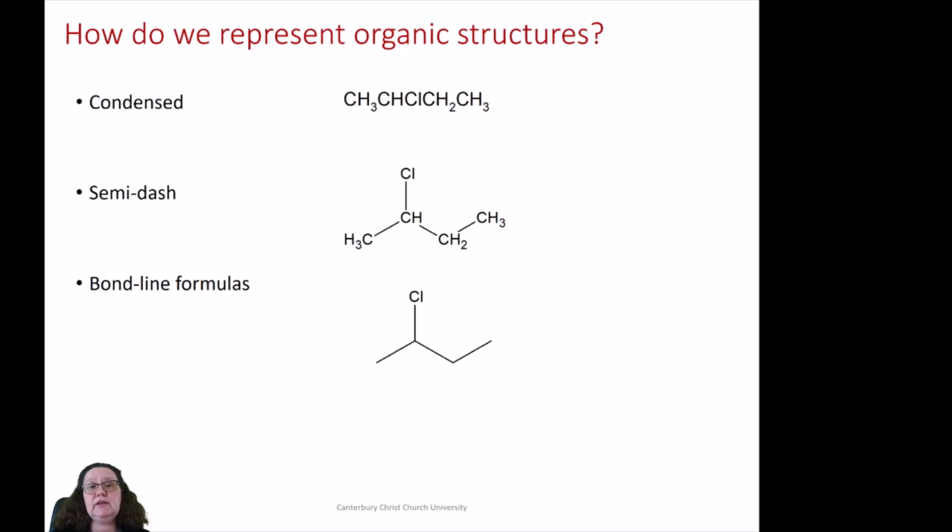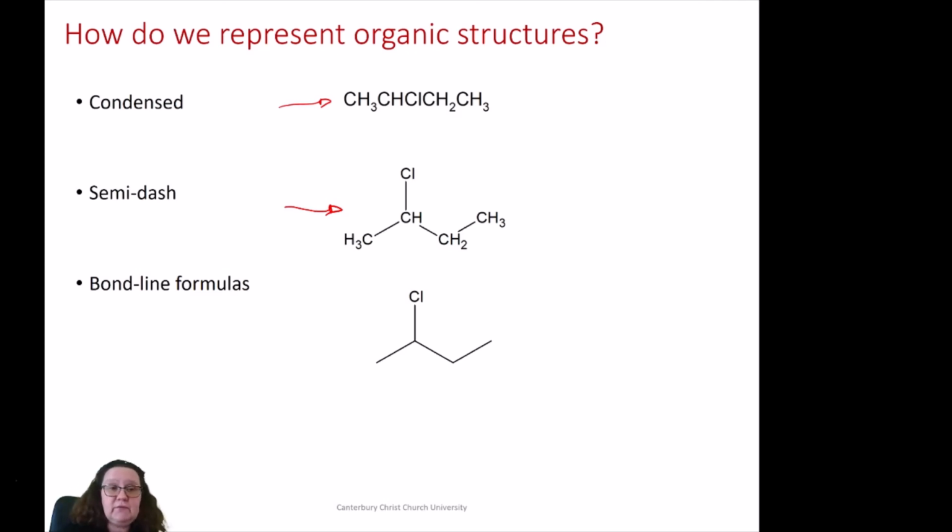When you write an organic structure, you can write the condensed formula, which is just the list of the different atoms that make part of your compound in one line. You can have what we call the semi-dash structure, in which you are having a 2D representation of your compound. You still show all the atoms, but you're also trying to show in the structure the shape, the three-dimensional structure of that particular compound.